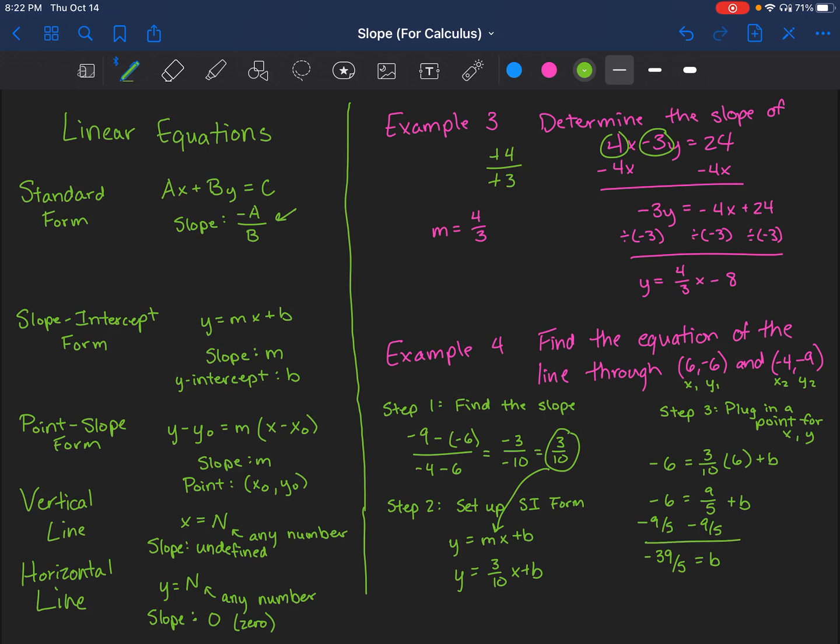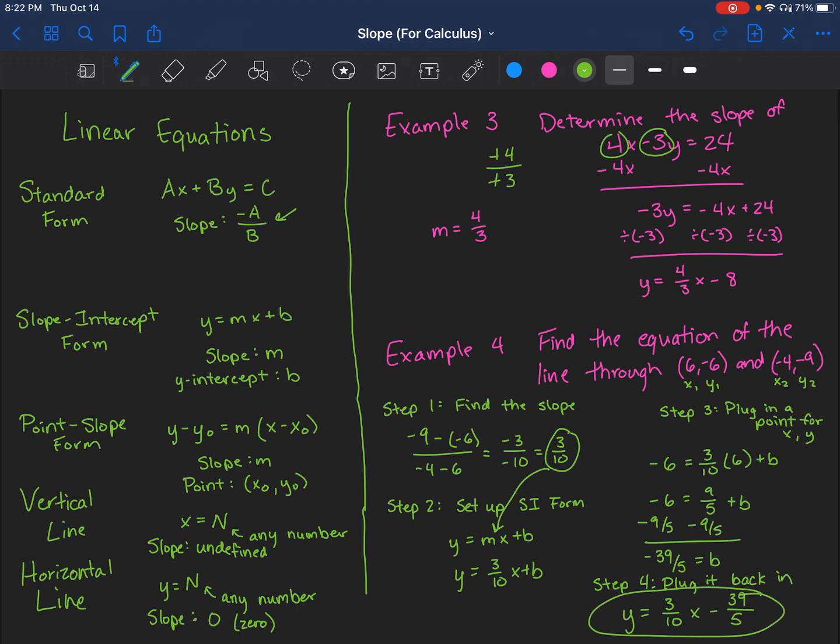And that is going to be my final answer for b. And step number 4 is plug it all back in. Okay, so my final answer here is going to be y equals 3/10 x minus 39 over 5. And that is going to be the final answer for that equation.